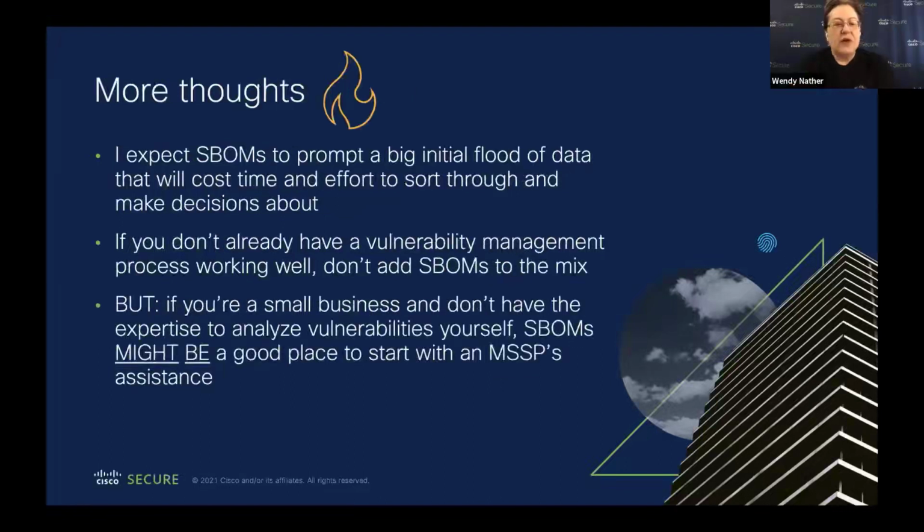Here are a few more thoughts about SBOMs, and that is that I think when we all start using them, and I'm sure we will, it's going to prompt a big initial flood of data that will cost time and effort to sort through and to make decisions about. And that's as if we didn't already have enough or too much data that we are trying to wade through.